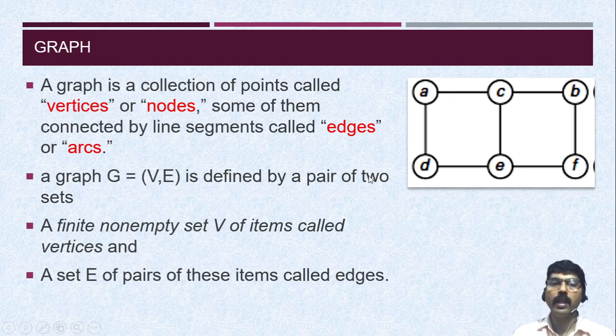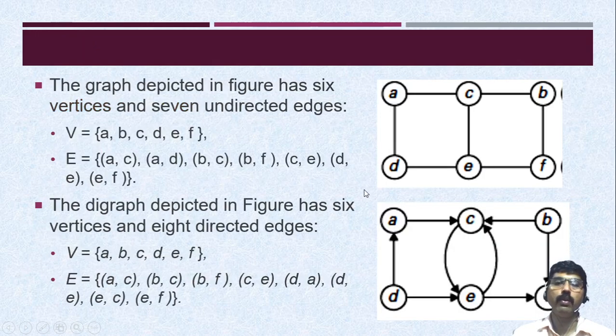Okay, next I will explain how it works. There are two types of graphs. This graph is called an undirected graph, and this graph is called a directed graph. In the undirected graph, the vertices are A, B, C, D, E, F, whereas an edge can be represented as AC as well as CA.